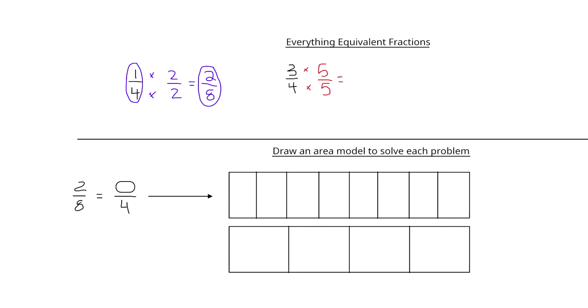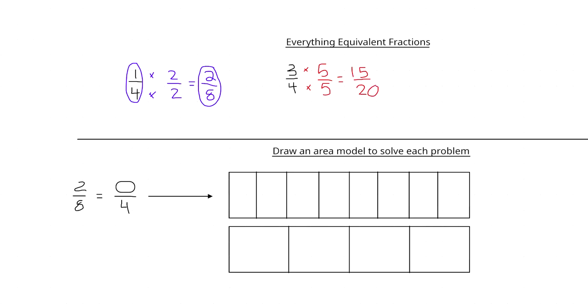That means the same thing. 5 over 5 is the same as 1 because 5 divided by 5 equals 1. Here in this example, 3/4 is equivalent to 15/20.